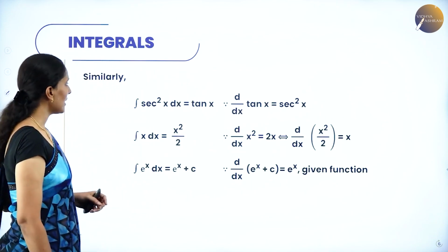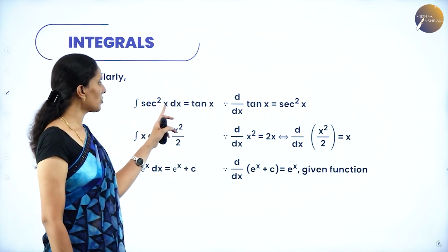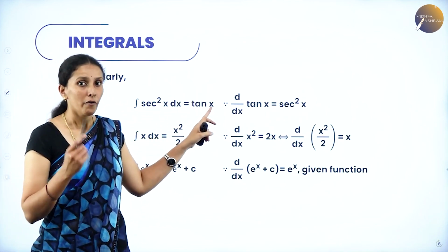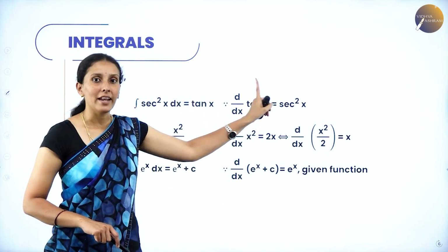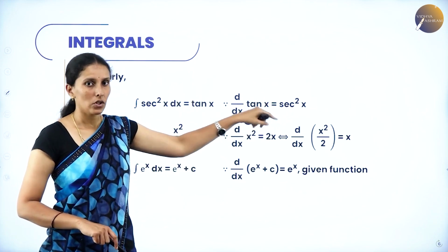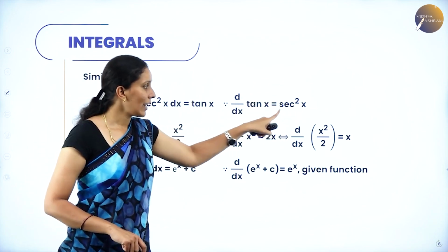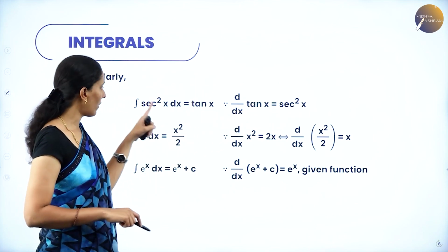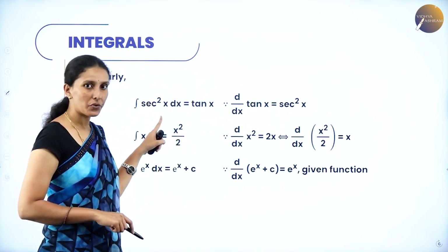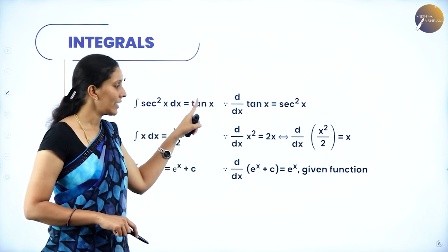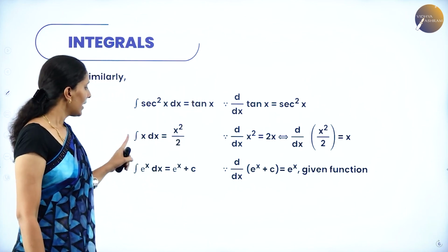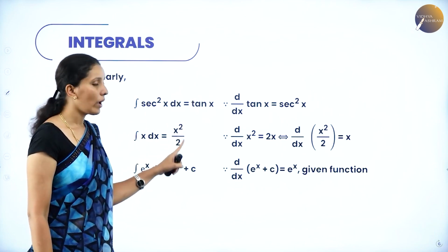Similarly, you can see here integration of secant square is tan x. Why? Because derivative of tan x is secant square x. So secant square x is the derivative of tan x and hence we can write integration of secant square x with respect to x is tan x. Similarly, integration of x dx is x square by 2.